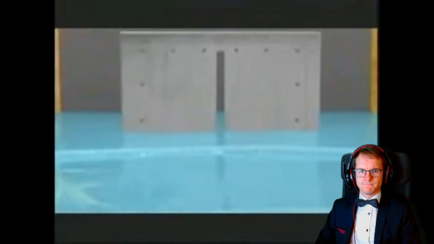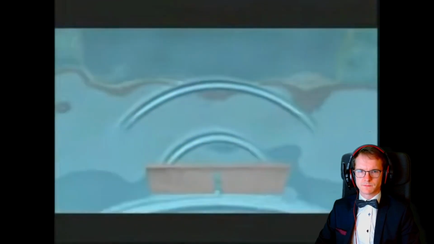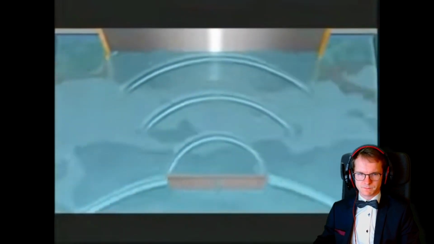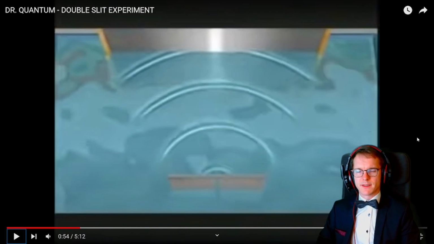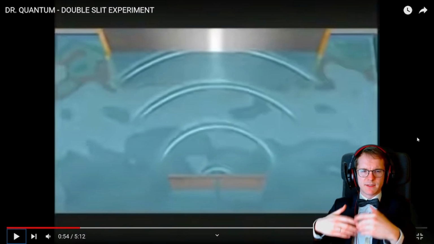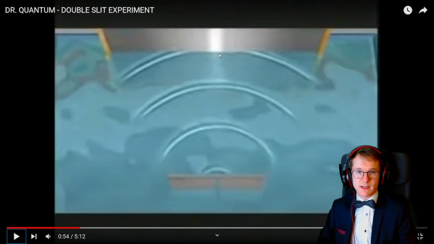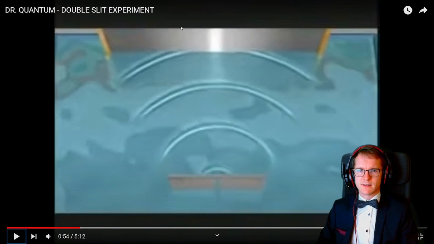The waves hit the slit and radiate out, striking the back wall with the most intensity directly in line with the slit. Here as well, there's a very, very big problem, and I understand why they do it. So they try to show you the brightest, the highest intensity, and that's correct. Though what they don't tell you is there are little lines here and here as well, because there is interference here already because of the little edges of the slit.